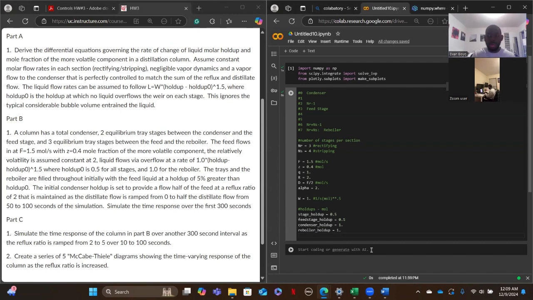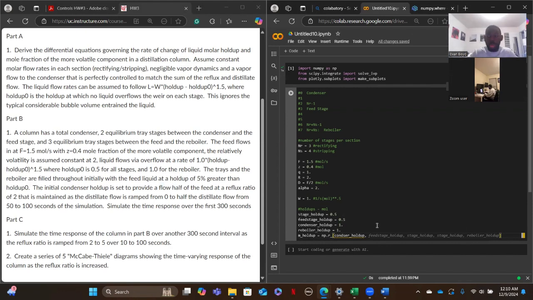We would start by setting up an equation for our holdups in general. So for our mole holdups, we just set an equation right now. So M holdup will be equal to, we'll put this into an array. So in np.r, we start with the condenser, so we start with the top. So condenser holdup, and then we need to get our stages of our holdup.